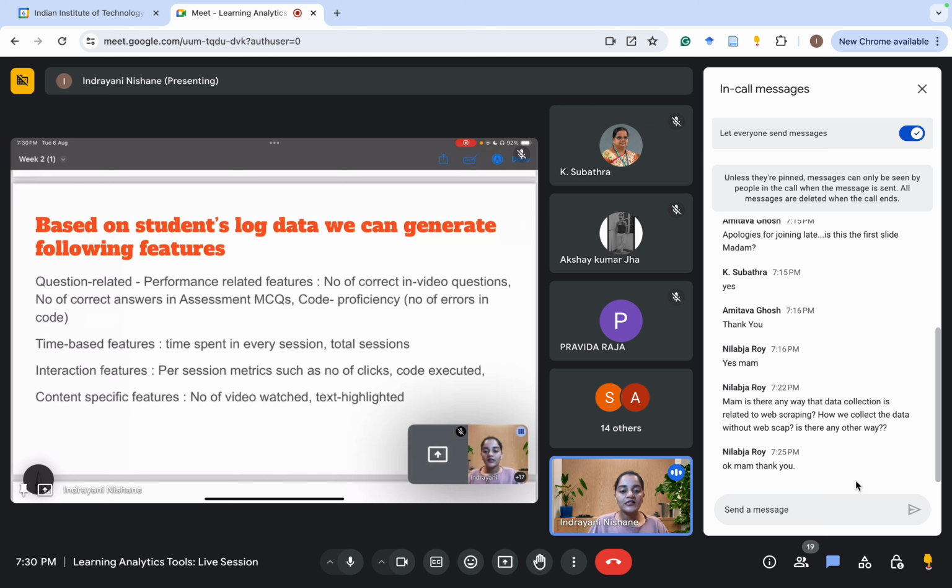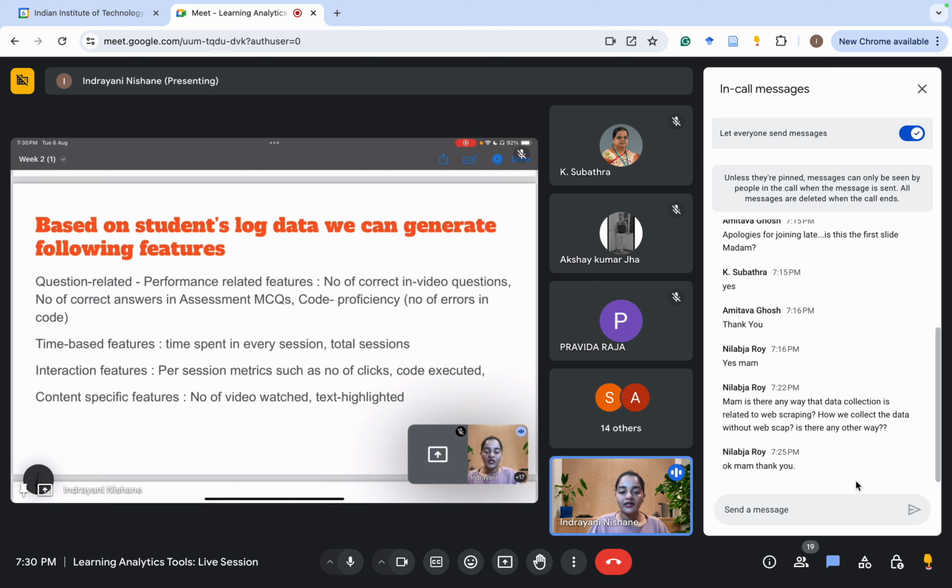These are system-specific actions students can perform. They cannot perform these in the Swayam platform, even though Swayam is also an online learning environment with videos, reading content, MCQs, and in a few courses programming assignments. All these things are common, but the data captured in PyGuru is not the same as the data captured on the Swayam platform.